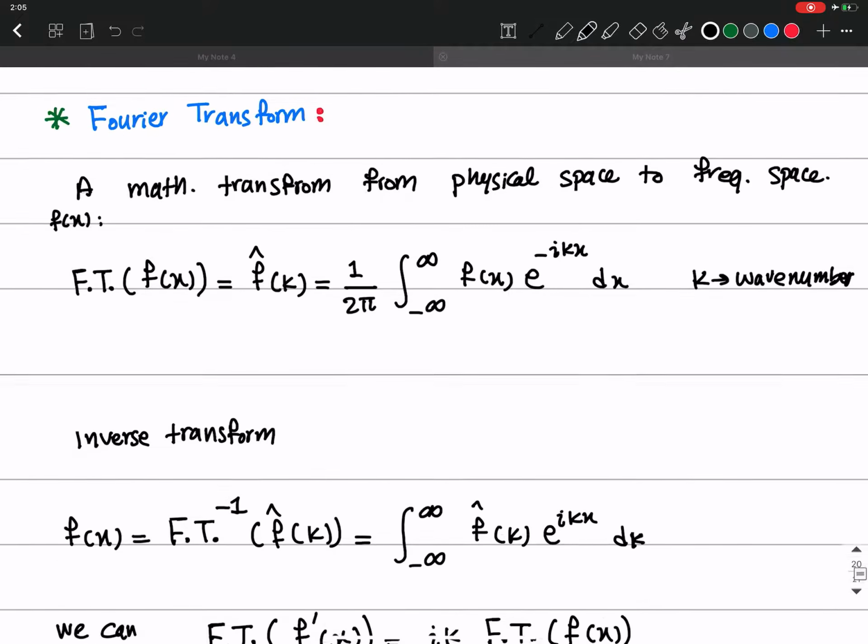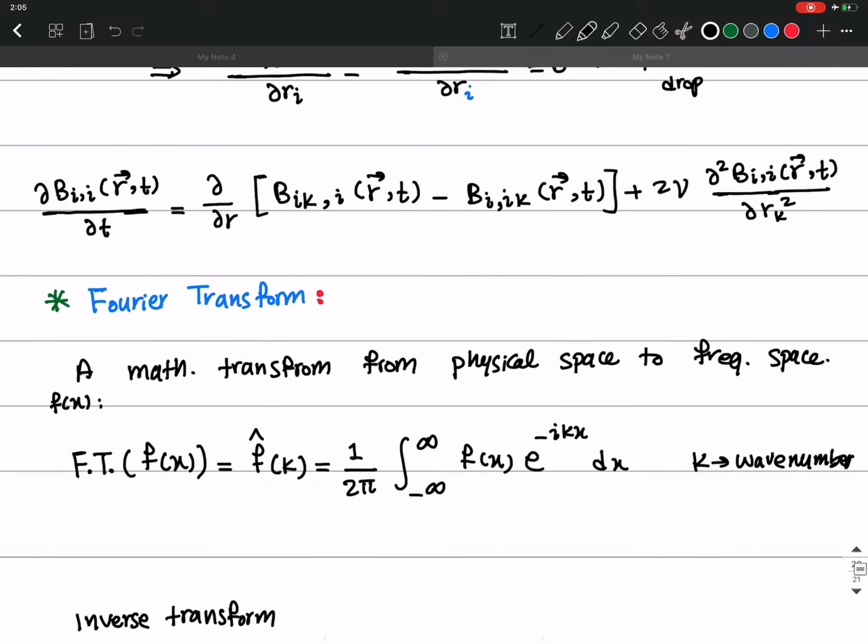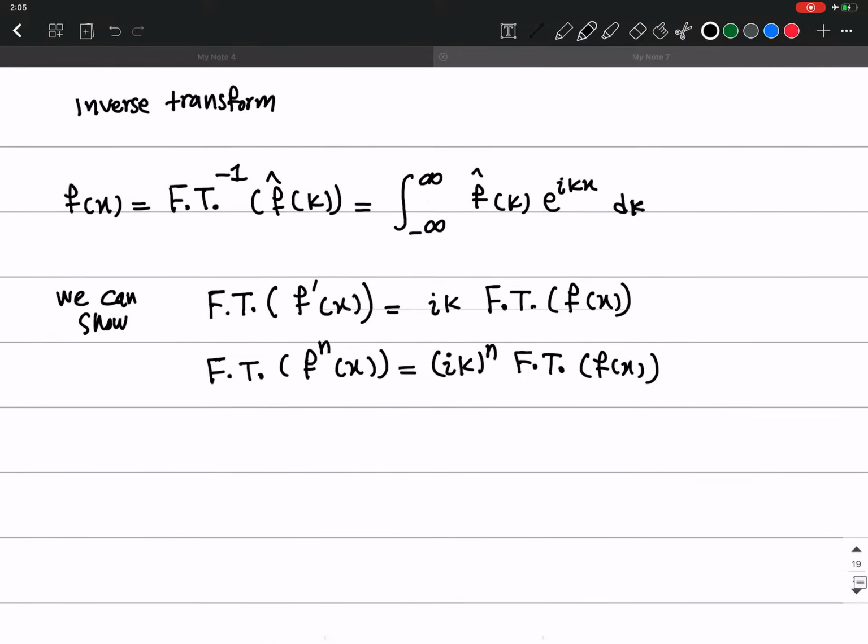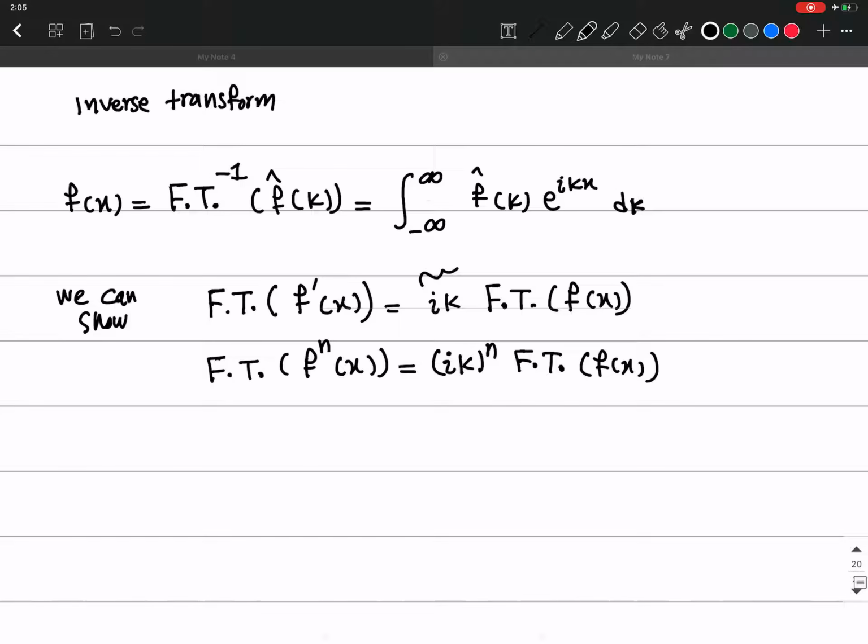So this is going to really simplify our equation here if we do the Fourier transform, because then these derivatives become just multiplications in the Fourier space. Okay? So let's do this trick.